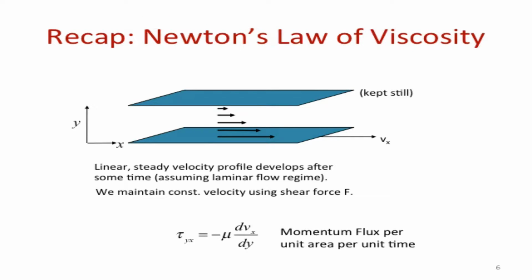So first, if you remember, what Newton's law said was based on experimental observation. Newton said, I see that this flux of x momentum in y direction is proportional to the gradient of velocity in x direction.